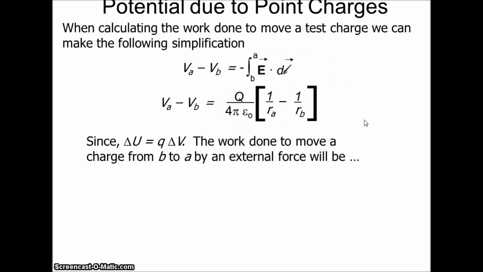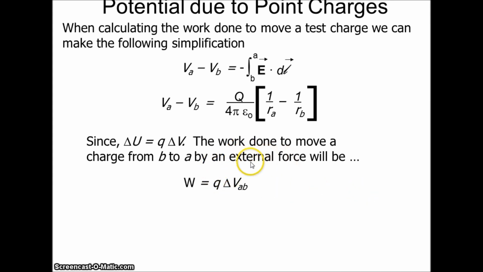Now, if we want to figure out the work done needed to move this charge from B to A by an external force, realize that that's going to be related to the change in potential energy. So if I take Q times the change in electric potential, this VA minus VB, that would give me the work done, or it's related to the work done. Okay, and notice here this is not negative. Well, that's because we're talking about an external force.